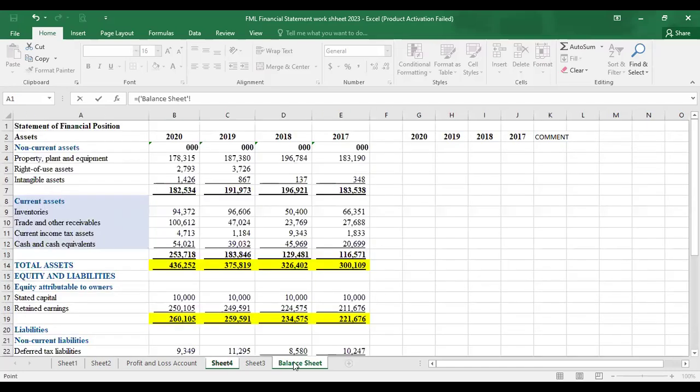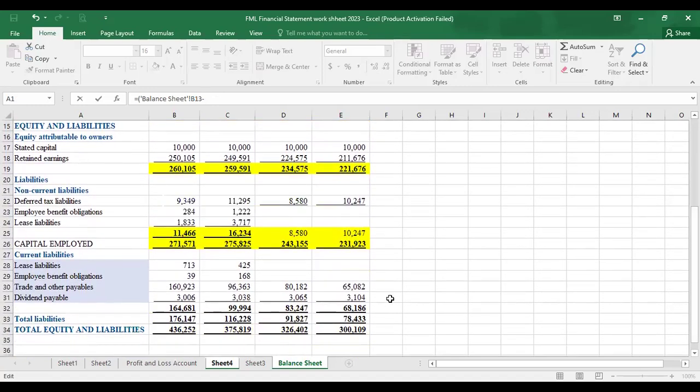Working capital: current assets over current liabilities. Okay, so when we come to the balance sheet, we would have our current assets. We will do for the various years. So current assets minus current liabilities.